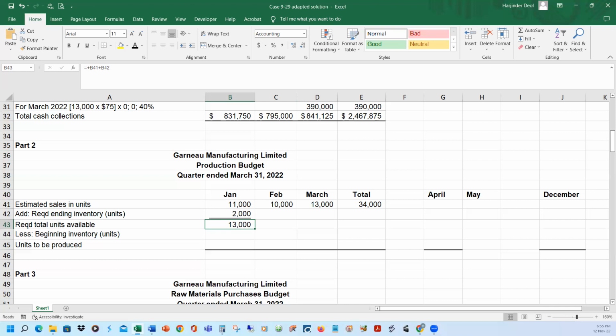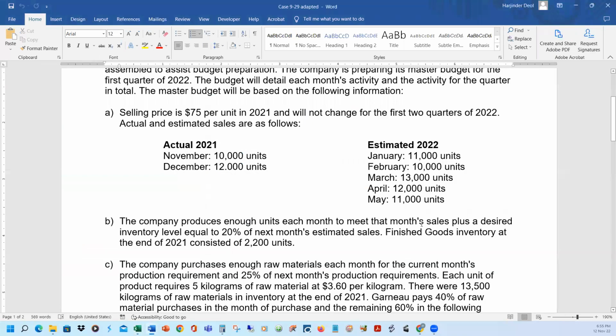Now, in the case we were given that finished goods inventory at the end of 2021 consisted of 2,200 units, right? End of 2021 was December. So we must have ended the month of December with 2,200 units. Now, say if this information wasn't given for some particular reason, can we infer how many units?